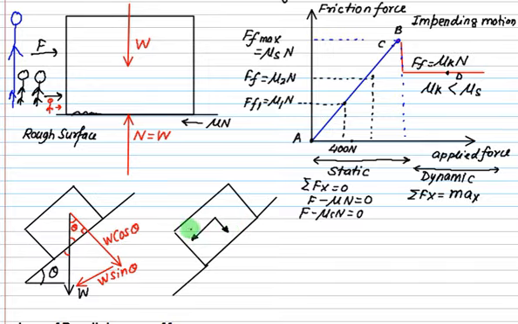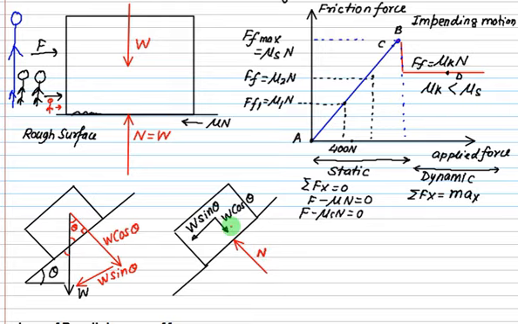So this force will be W sin theta, and this force is W cos theta. Or you can remember it this way: the force parallel to the plane is W sin theta and perpendicular to it is W cos theta. Then you show the normal reaction. This is the normal reaction N.